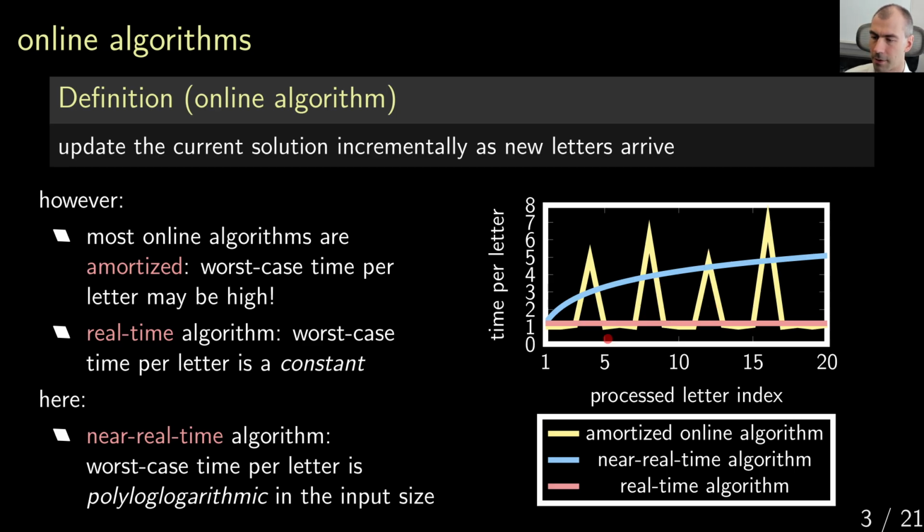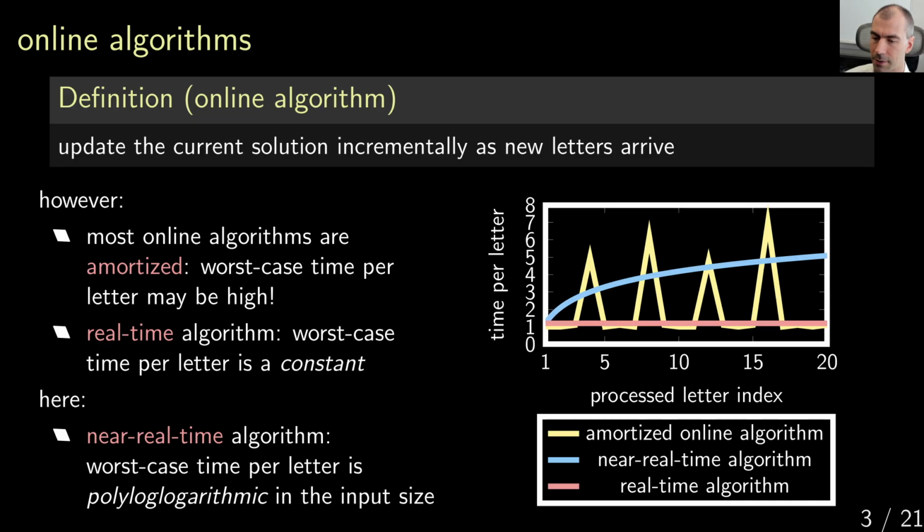And for that, the term real-time algorithm has been introduced, which is very restrictive in the sense that you're only allowed to have constant time per letter in the worst case. This is quite restrictive.